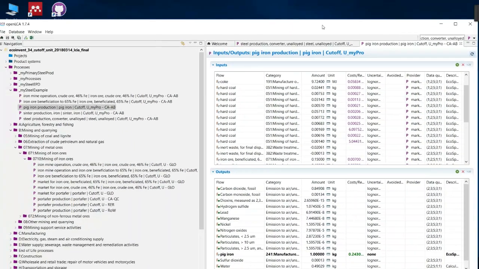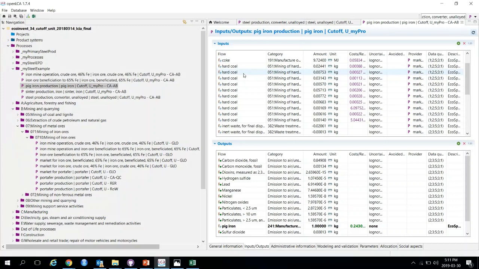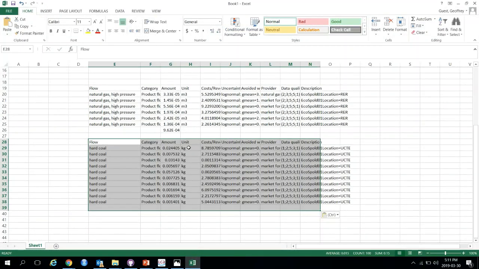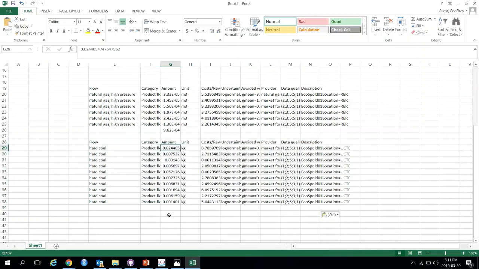We do want to fix that, because that's not reflective of our system. As I showed earlier, we can copy all those like processes, open up an Excel, document all this and keep track of it, and sum it all up to understand what at least their original assumption is, which was 0.15.